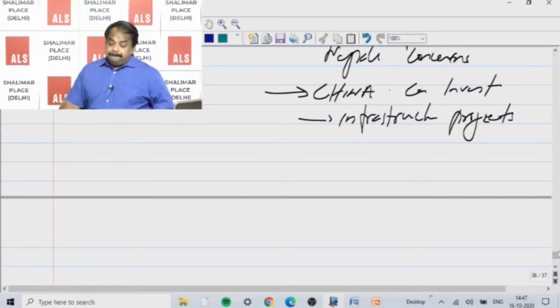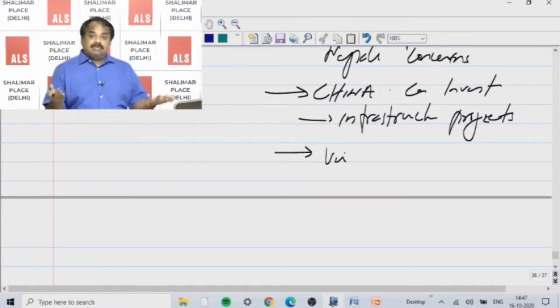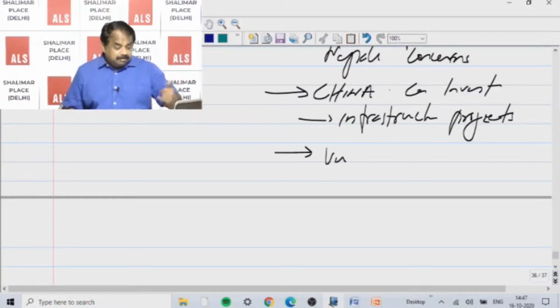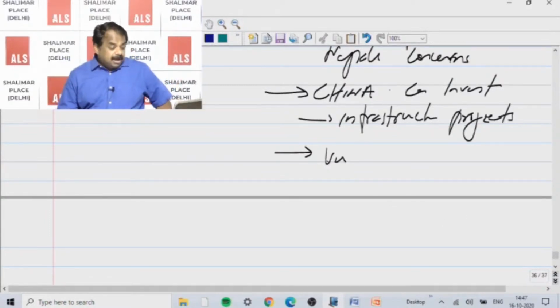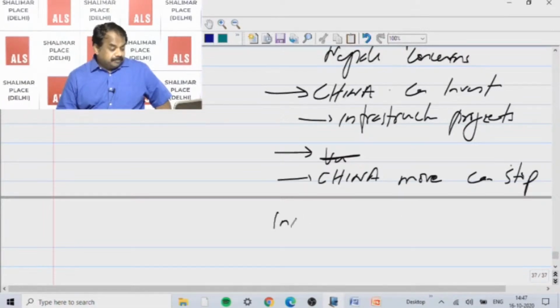And Nepal knows that the vulnerabilities can be controlled a bit. Nepal is a landlocked country, vulnerable to Indian tactics and pressure, and Nepal knows that this China move can stop India from future blockades.